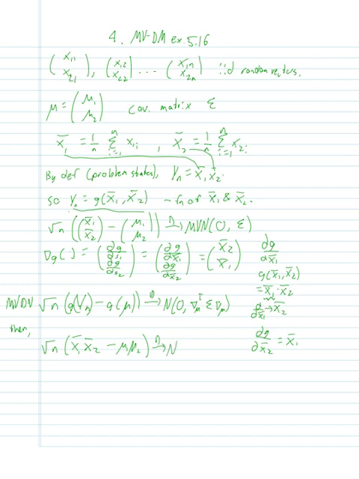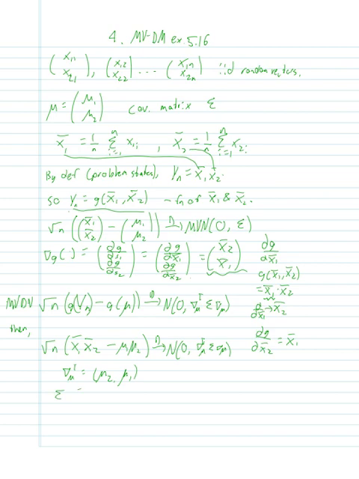This converges in distribution to a normal random variable with mean equal to 0, and variance is gradient at mu transpose sigma gradient at mu. So we have gradient at mu transpose is equal to the transpose of, trying to see, we have it written right here, but instead of x bars we have mu, so we have mu2, mu1.